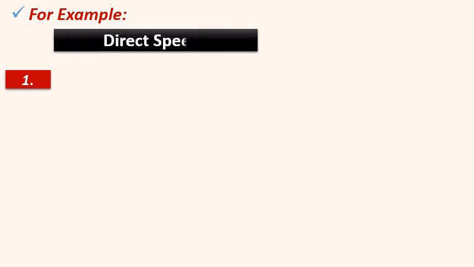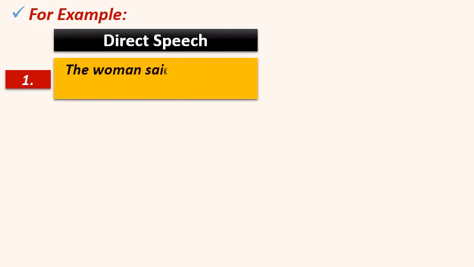Students, now let us see a few examples to know how to convert exclamatory sentences from direct to indirect speech. So, let us see sentence number 1. The woman said, comma, inverted commas start, may God bless you, exclamation sign, inverted commas close.